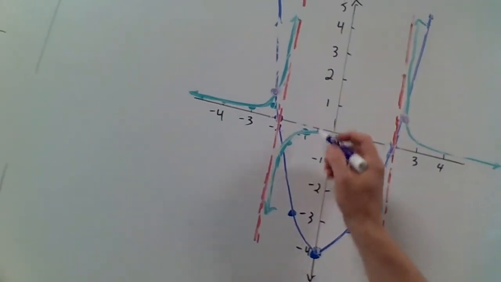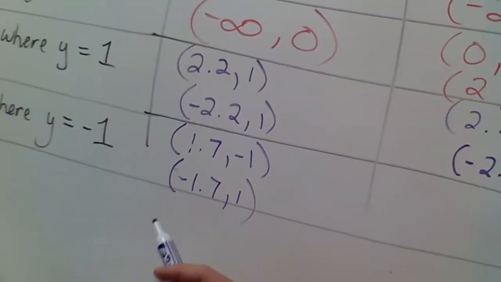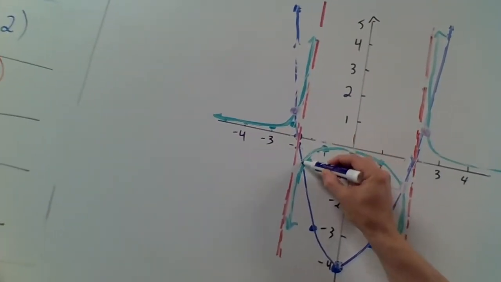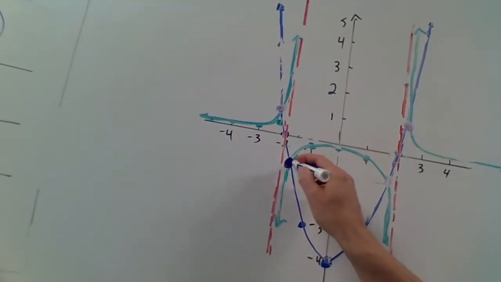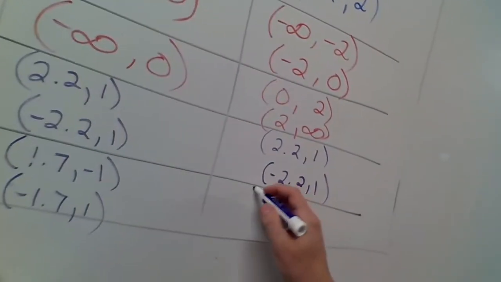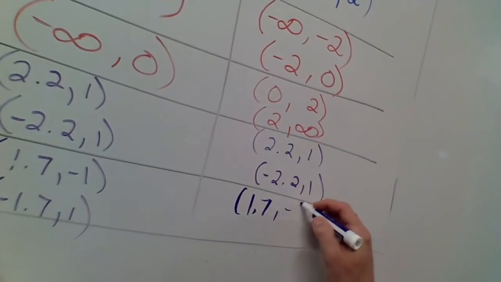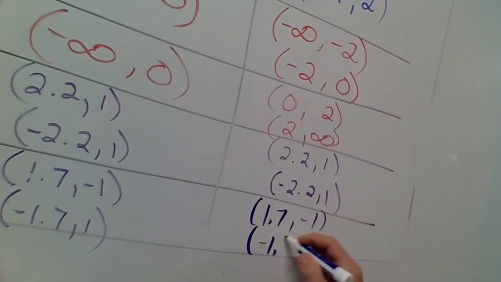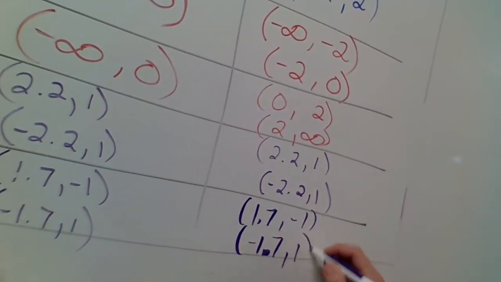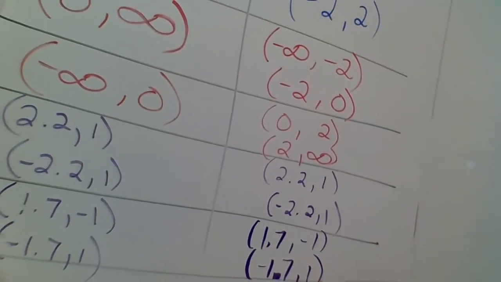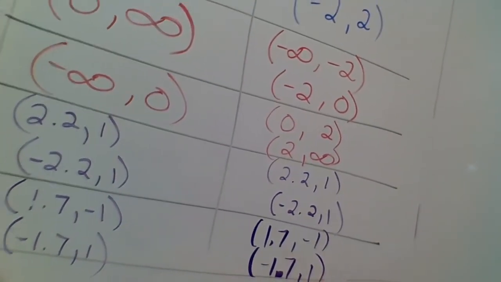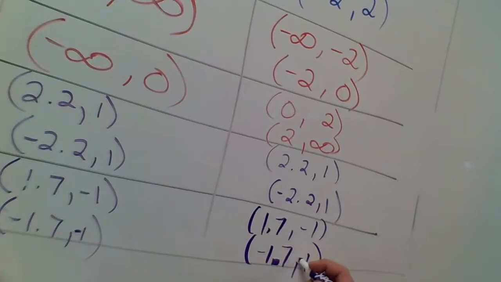And then negative 1.7 and negative 1 should be intersecting there. Sorry, I meant our chart. Sorry, this is supposed to be negative 1 for both.